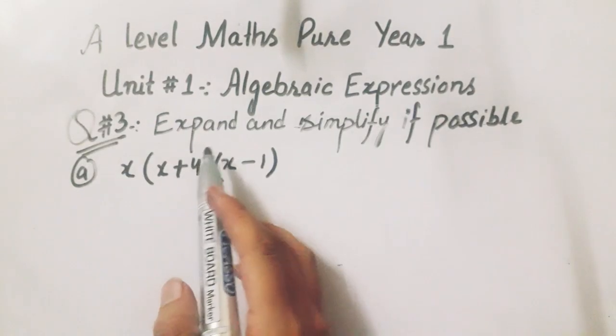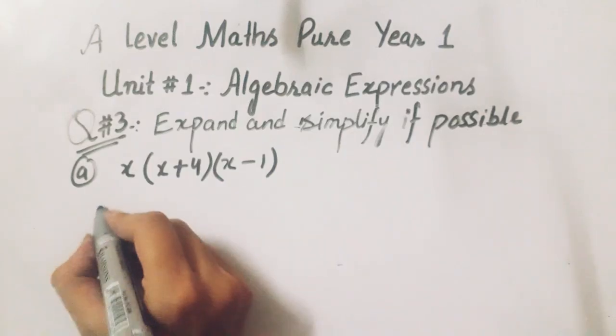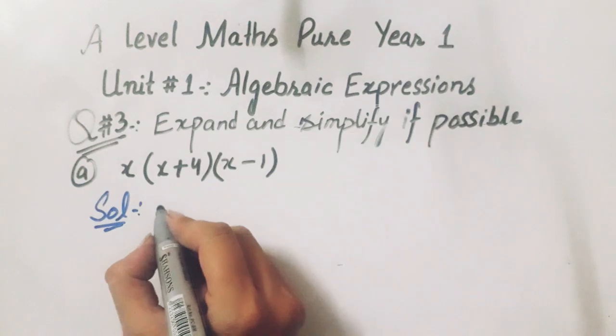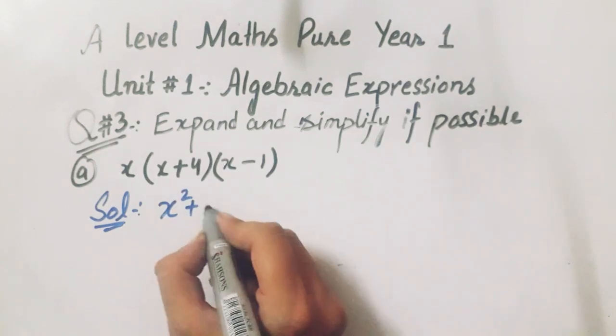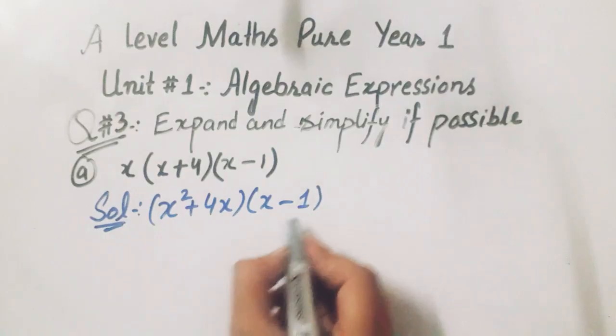Question number 3 is expand and simplify if possible. A part is x into x plus 4 into x minus 1. So we will solve this as x is multiplied by this, so we will get x square plus 4x. Then it is multiplied by x minus 1.